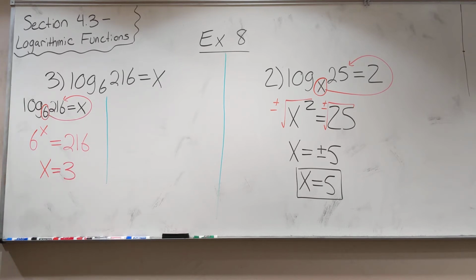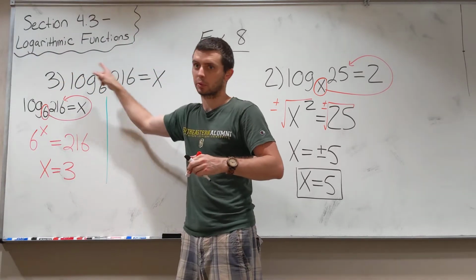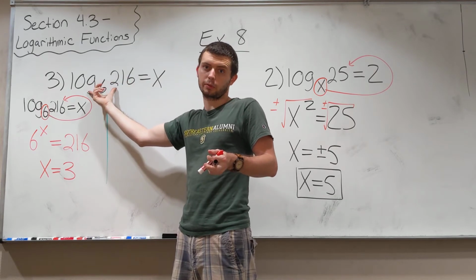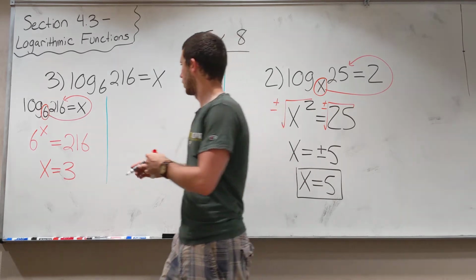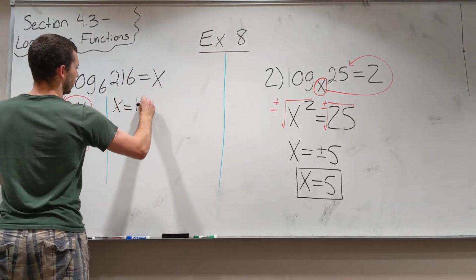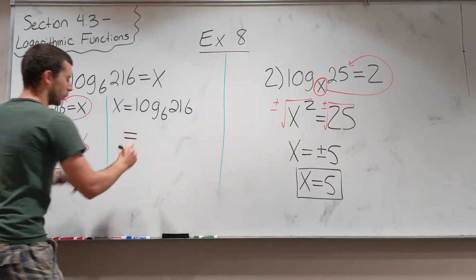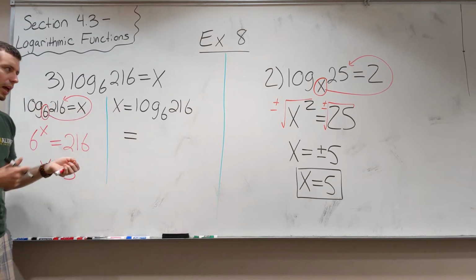You can also, if you have a logarithm that has all numbers, so we haven't had this yet. If we have a logarithm that has all numbers, then we can actually put it straight in the calculator. So over here, we have x is equal to log base 6 of 216. But remember what I mentioned a few problems back.